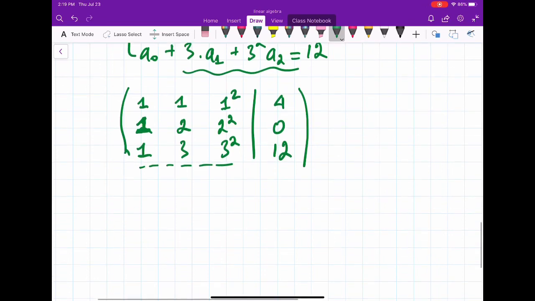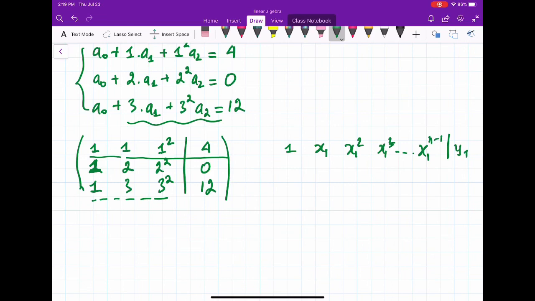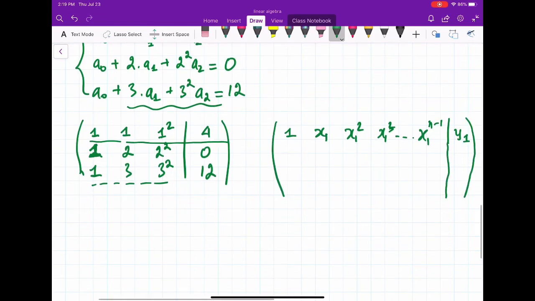Look at this. In general, I can write in the following way. The first equation corresponds to the first point, right? So I can write 1, x1, x1 squared, x1 cubed, and so on, up to x1 to n minus 1, and here you have y1. You see that? The second equation corresponds to the second point.